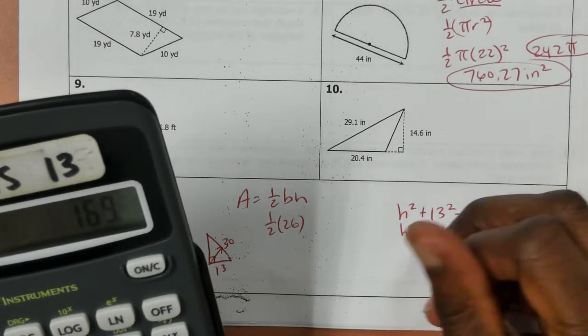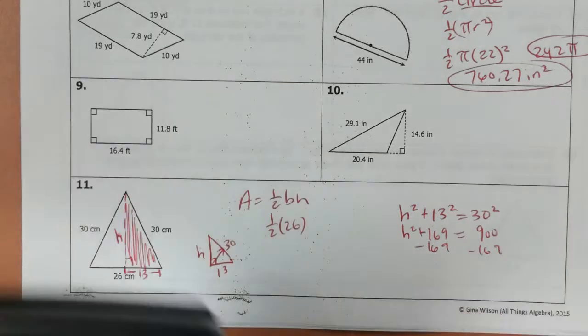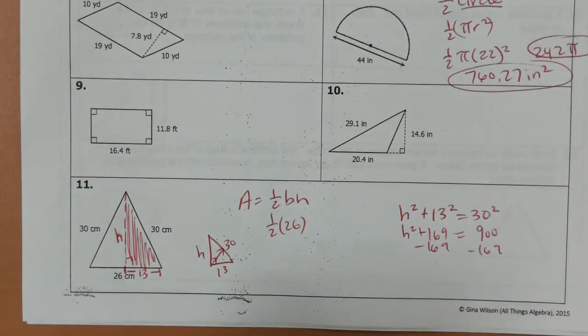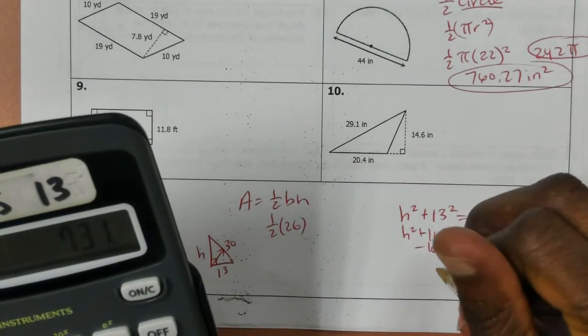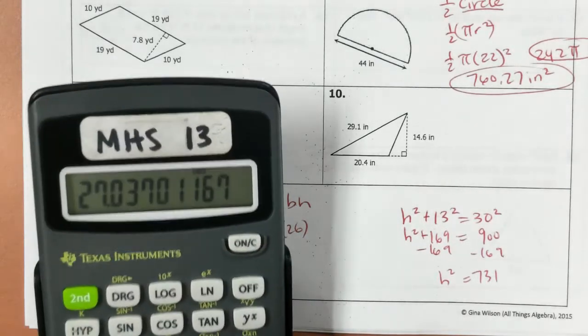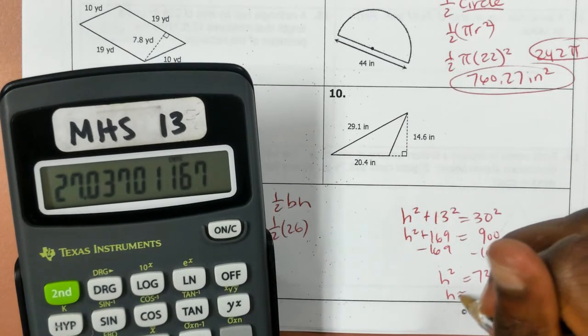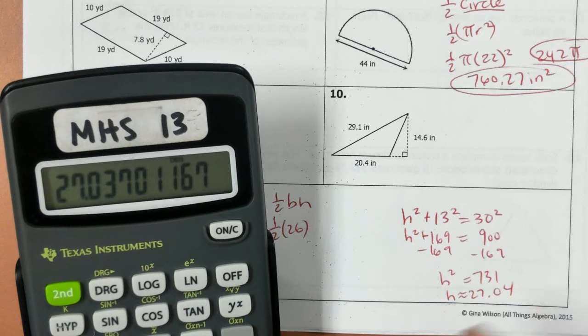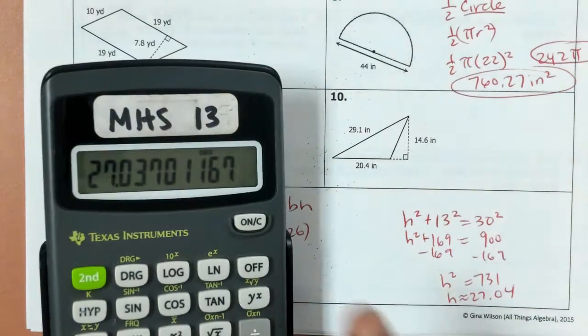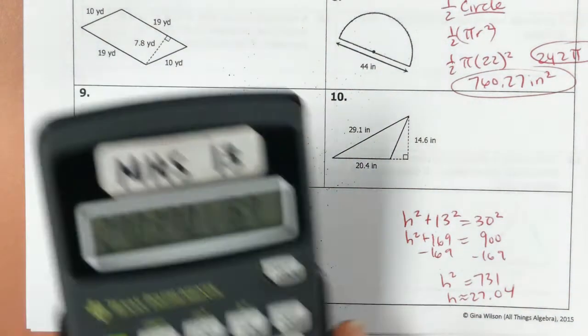And then we subtract the 169 over. And square root that. So h is approximately 27.04. But I want to leave this exactly in my calculator, so I don't want to round anything until the very final answer.